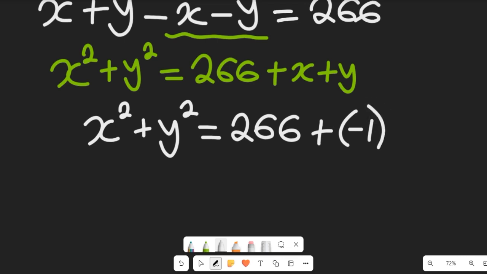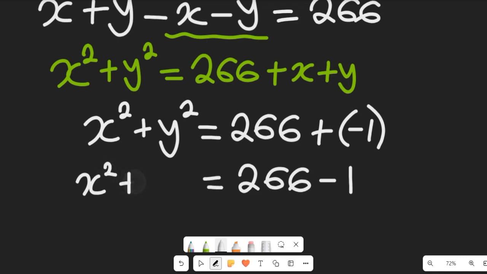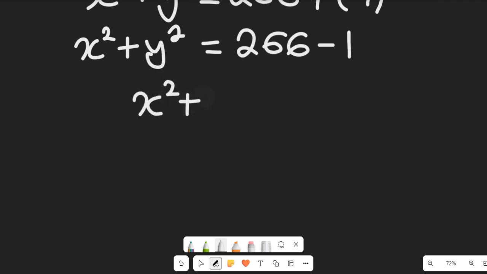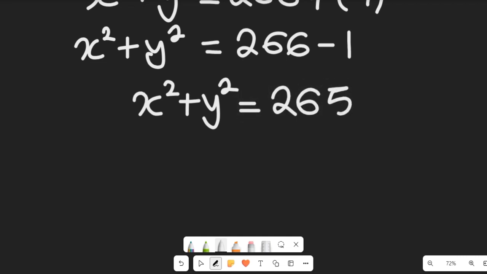So plus times minus is going to give us 266 minus 1, and that means our x squared plus y squared will be equal to 265. So we are going to consider this to be equation 4.